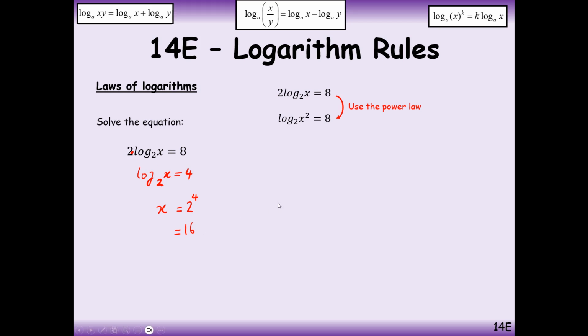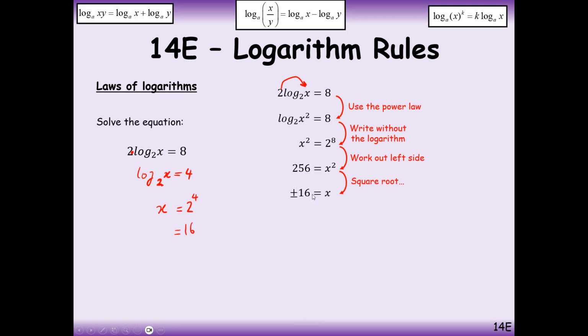So if we move the 2 as the index of x, now we would have to use base 2 of both sides to get rid of the log. 2 to the power of 8 is 256. Now we would have to square root both sides and we would have a minus.